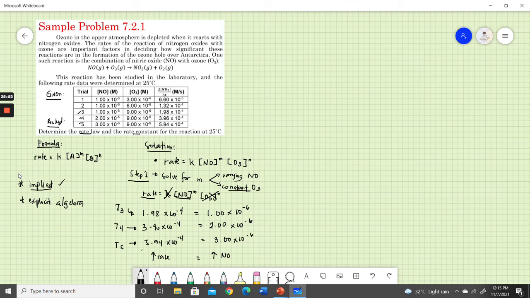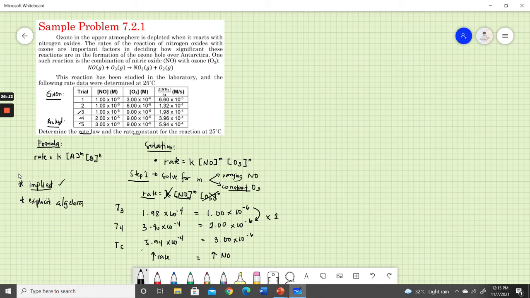So let's look at trials 3 and 4. From trials 3 and 4, ang nangyari, I doubled my concentration. Tama? 1.00 times 10 raised to negative 6 times 2 is this.